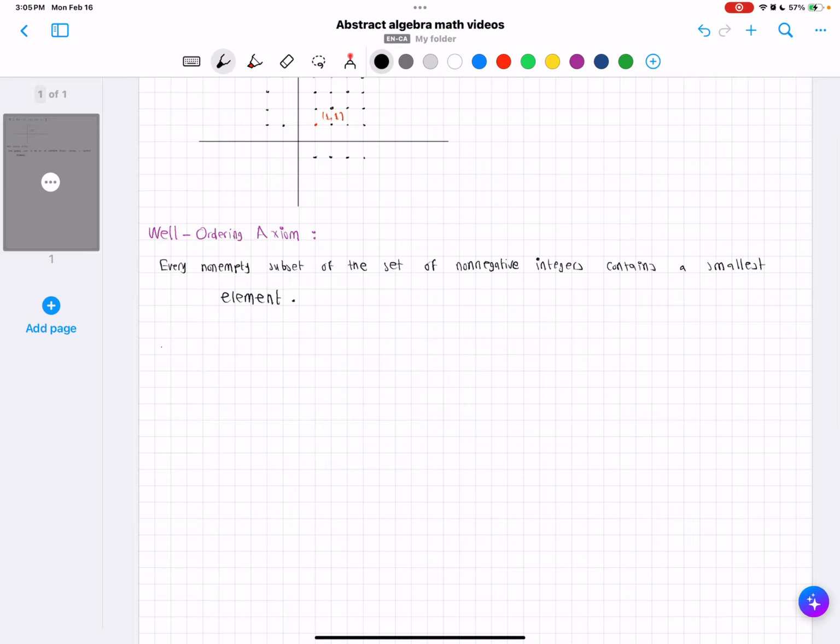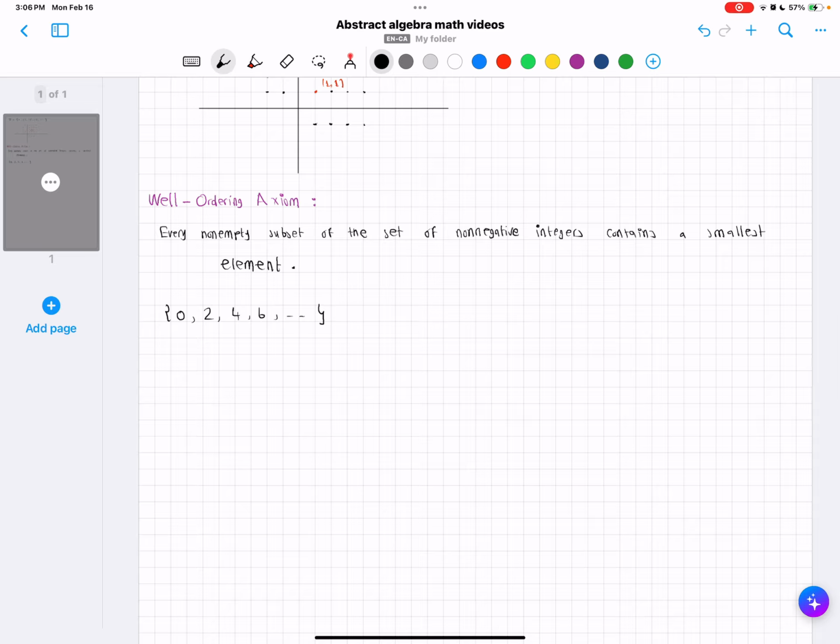Just as an example, if we take the even numbers, excluding the negative even numbers, so 0, 2, 4, 6, etc., we can see that 0 is a minimum element.